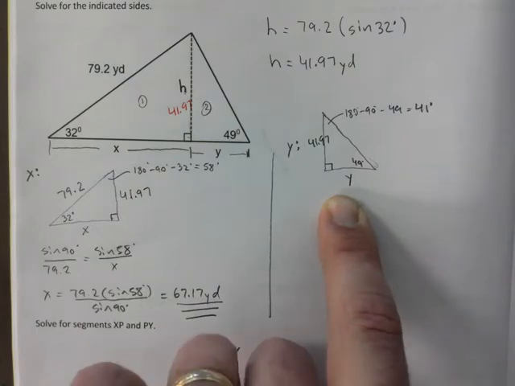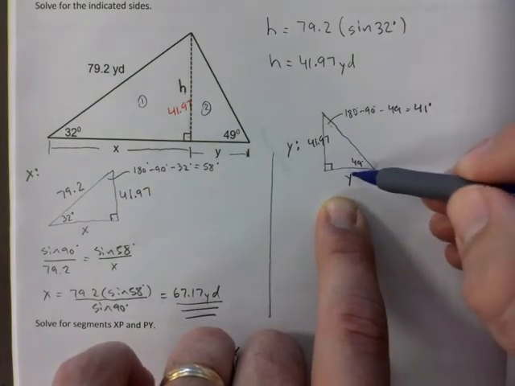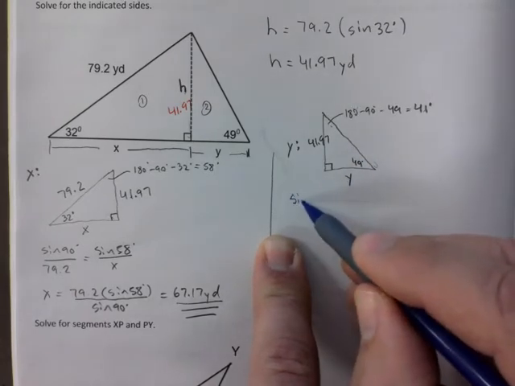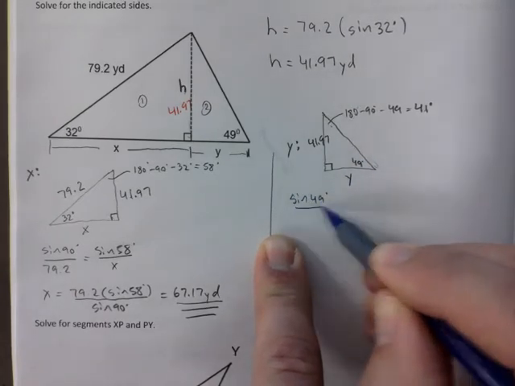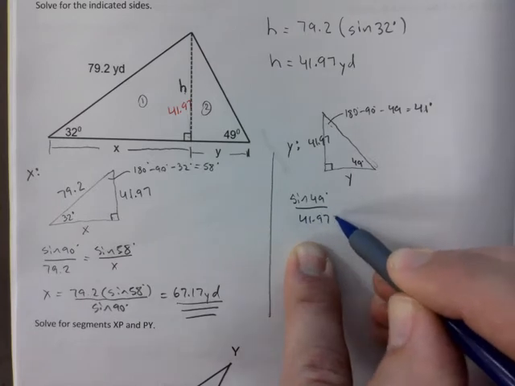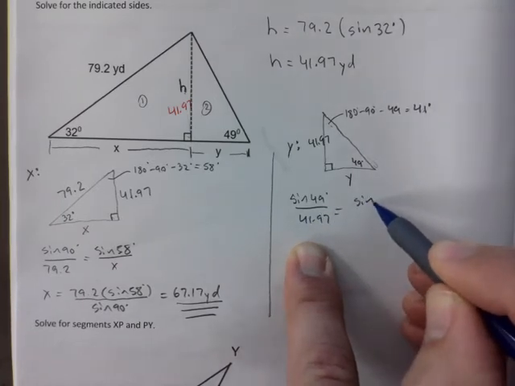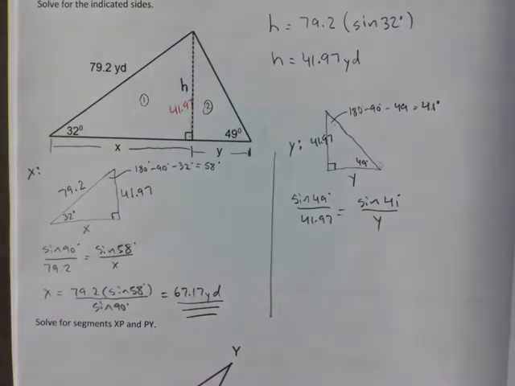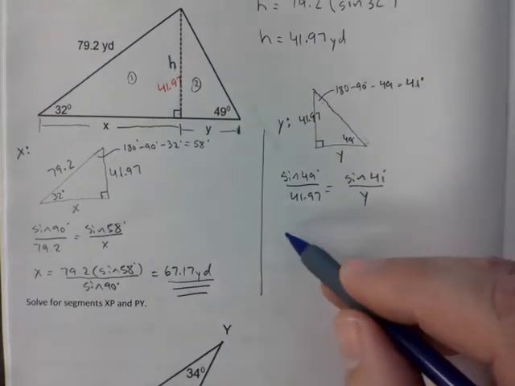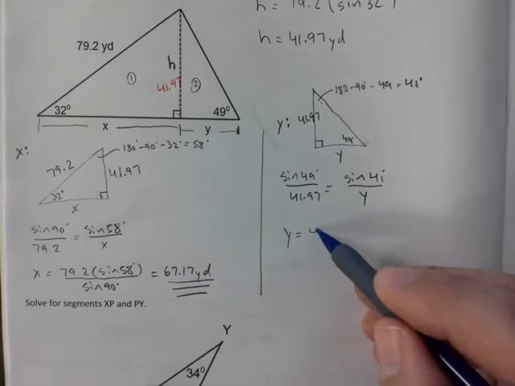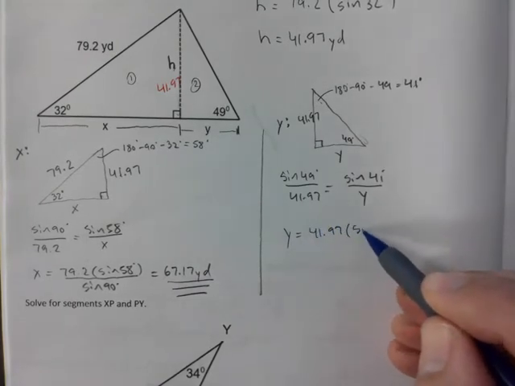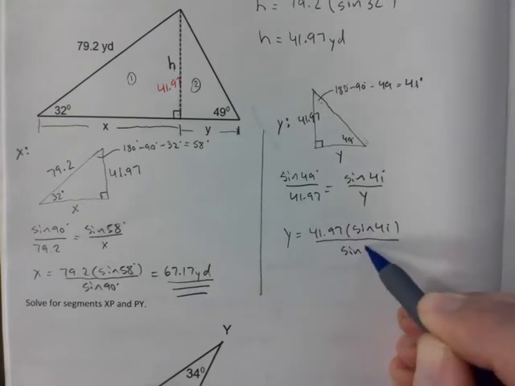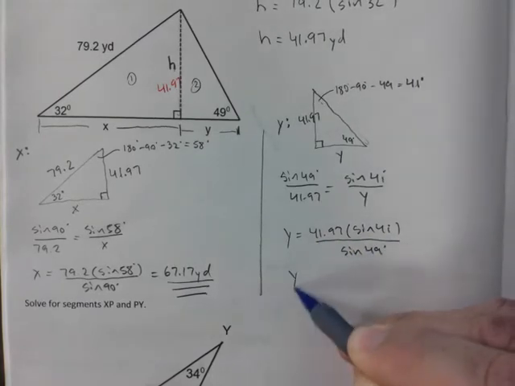Now you have the pair: sine of 49 over 41.97 is equal to sine of 41 over y. So y is equal to 41.97 times sine of 41 divided by sine of 49.